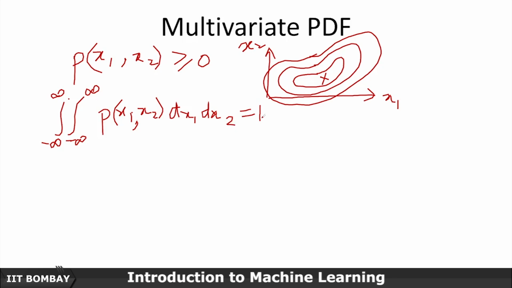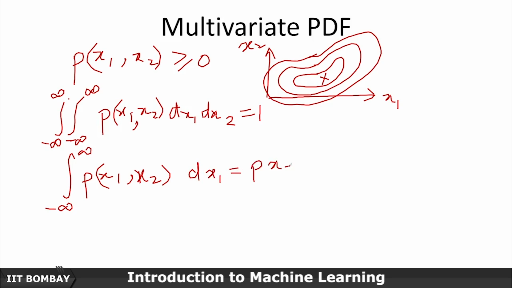So, just like we had marginal distribution and conditional distributions, we will have marginal distribution here as well. So, if I take this distribution p of x1 x2 and I integrate it over dx1, then I will get the marginal over x2 and vice versa.